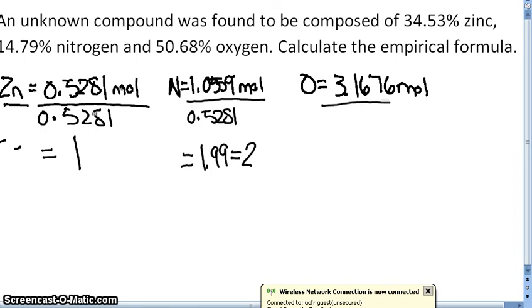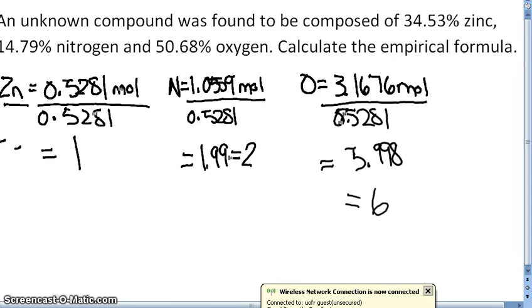And take your oxygen moles and divide them by 0.5281. And that gives you 5.998, which we'll round to 6. So now we know that we have 1 zinc, 2 nitrogen, and 6 oxygen.